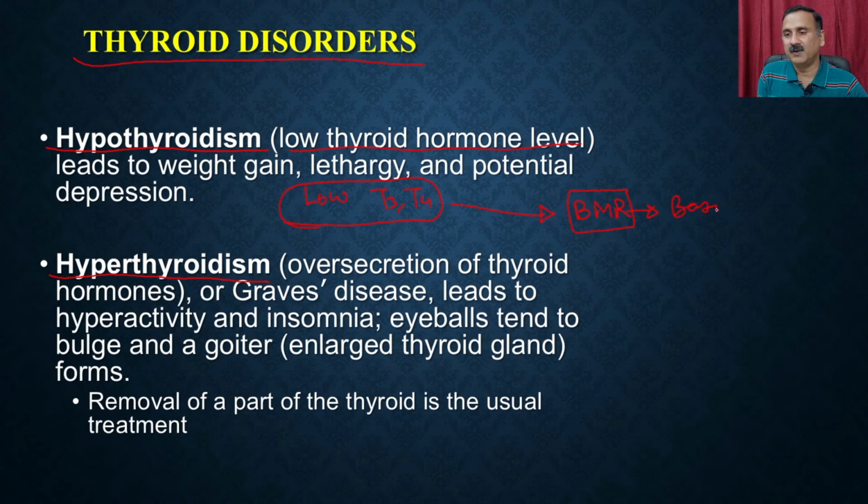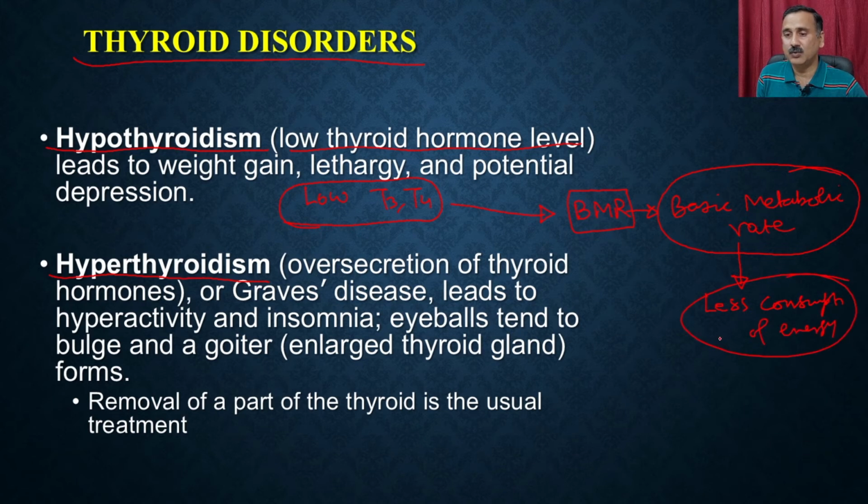When you reduce the basic metabolic rate, it is going to allow less consumption of energy, right, which means it is going to conserve energy for the body, and that will be responsible for the accumulation of fat reserves, right, because when you do not spend the energy that you are acquiring through nutrition, it will result in the storage of that energy, and the storage of that energy would be in the form of fat, right.